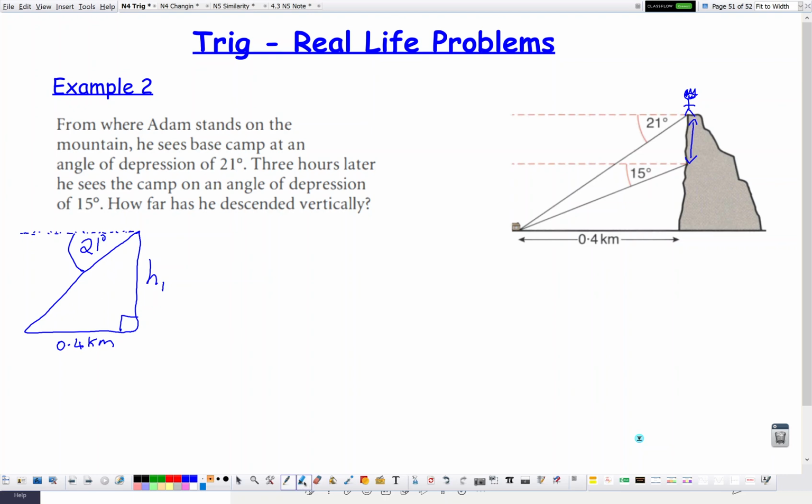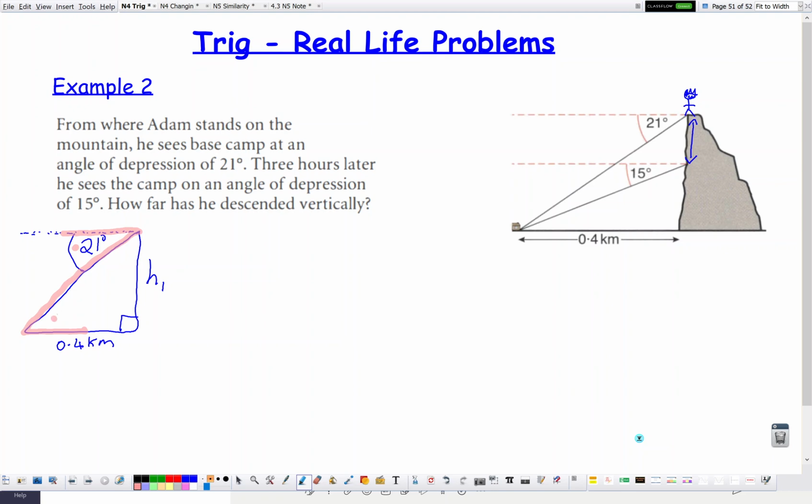But thinking back to my angle work, and specifically alternate angles, hopefully you might be able to spot a little Z angle here. There. Remember those angles we did that we thought we'd never actually put to any use? Well, this corner in here is the same as this corner in here.